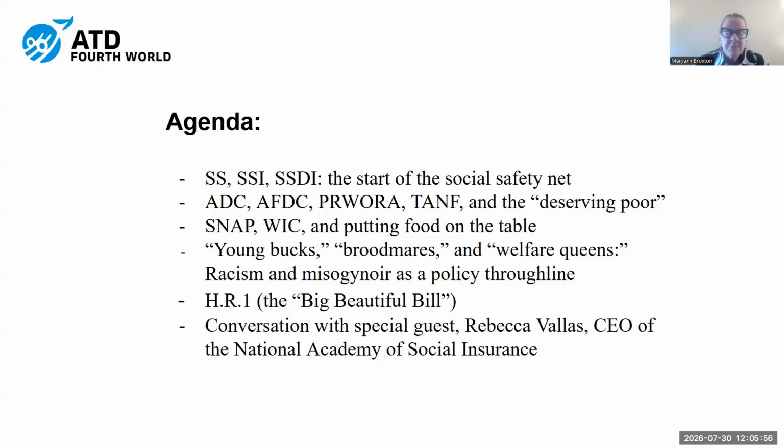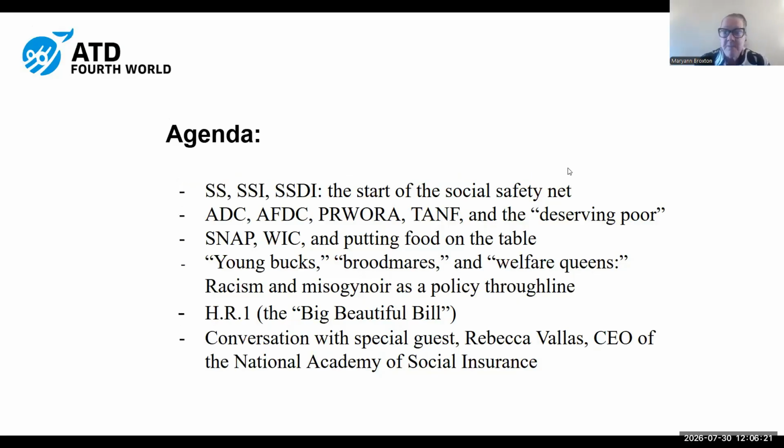And as we explore these programs, we would be remiss if we didn't also talk about the role racism has and continues to play, and who has access to and who is purposely excluded from these subsidies. And since beauty is in the eye of the beholder, we'll look at the Big Beautiful Bill, or HR1, its formal name, to see how regulations have made these subsidies more restrictive and harder for people to access.